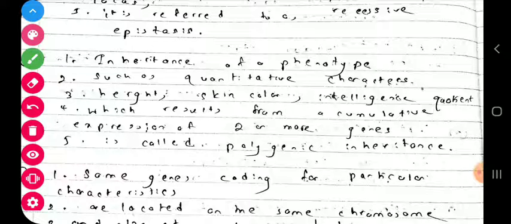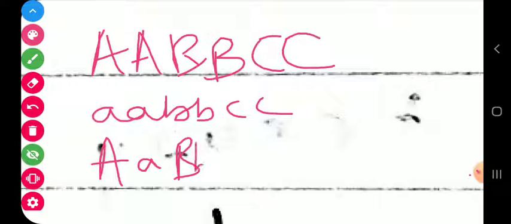Therefore, if you take a person like this, I'll show you that. If you take a person like this, capital A, capital A, capital B, capital B, capital C, capital C; another person, small a, small a, small b, small b, small c, small c; and another, capital A, small a, capital B, small b, capital C, small c.